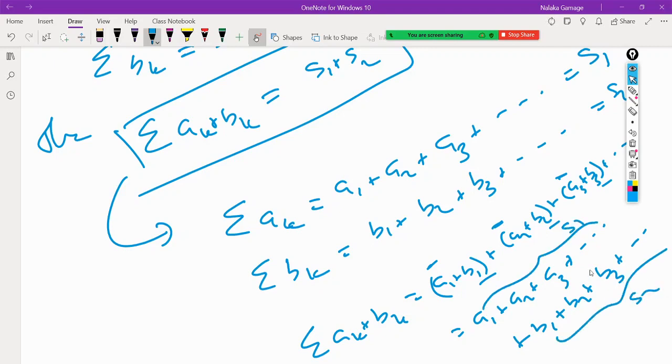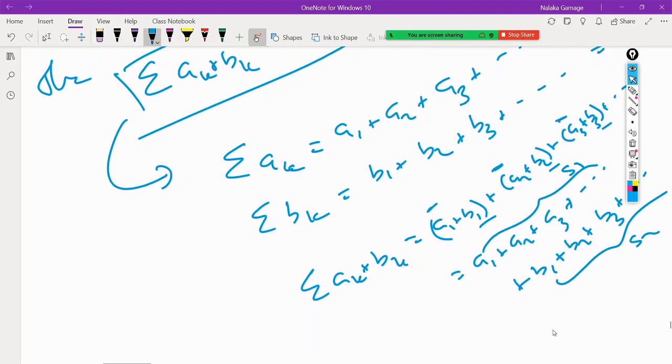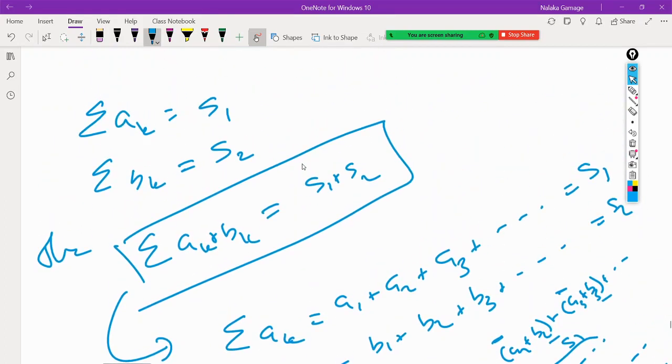So therefore the final answer is S1 plus S2. So sigma AK plus BK is equal to sigma AK plus sigma BK.